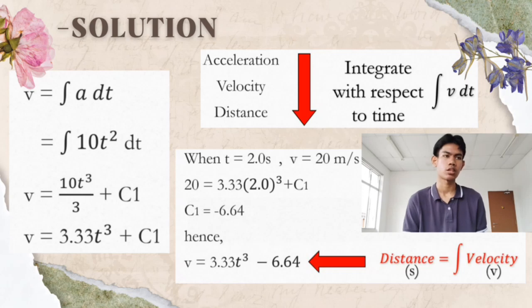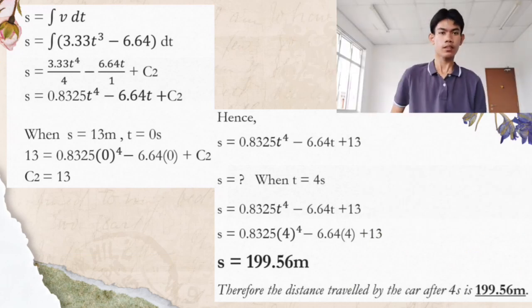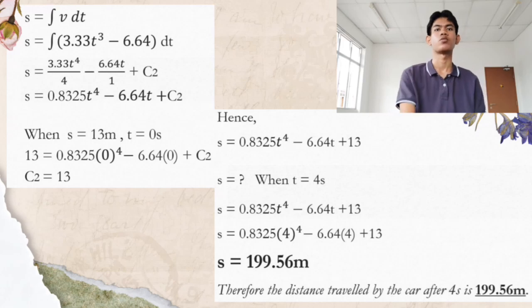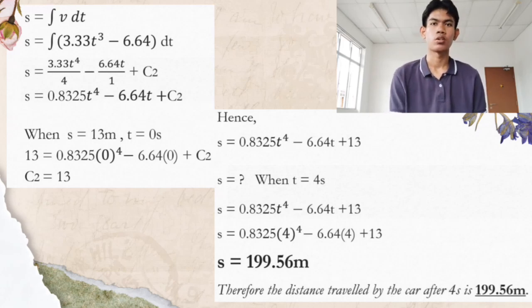Distance s equals integrate velocity v. And then s equals integrate v dt, s equals integrate bracket 3.33t to the power of 3 minus 6.64 bracket dt. After that, integrate 3.33t to the power of 3 minus 6.64, the answer is 0.8325t to the power of 4 minus 6.64t plus C2.